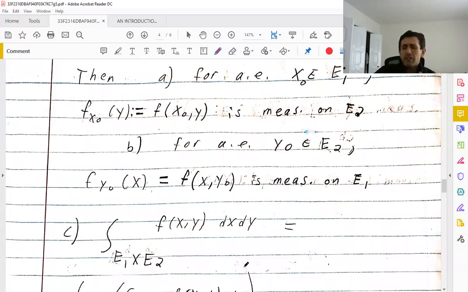And basically, like in Calc 3, you can evaluate this integral. I should mention what this notation means. This notation here is the Lebesgue integral of f over the set E1 times E2 as a subset of R^(d1+d2).